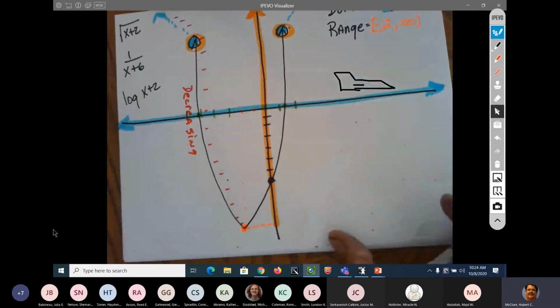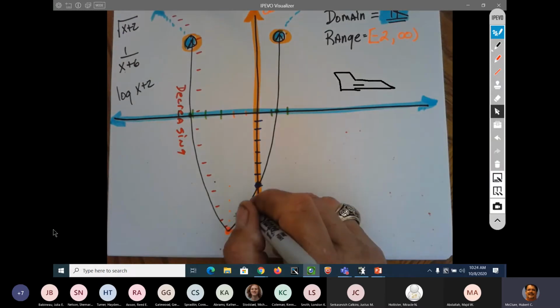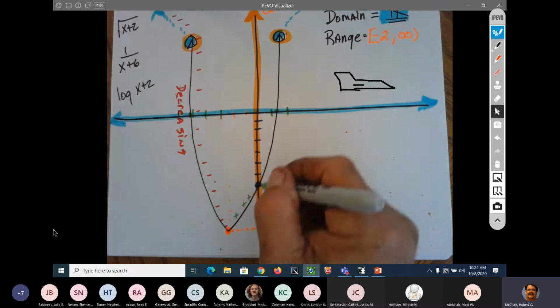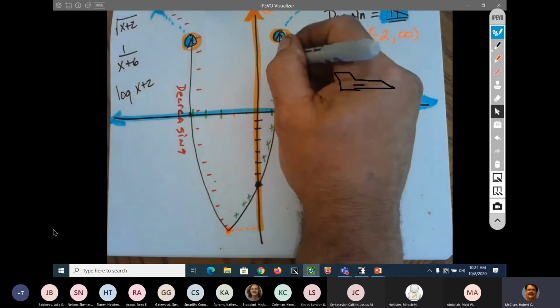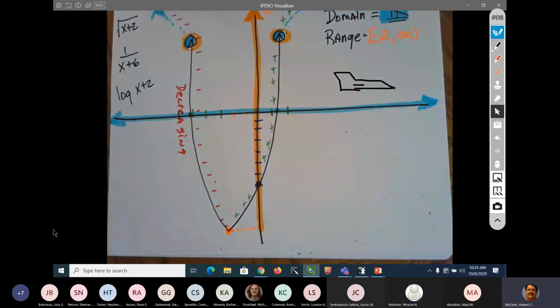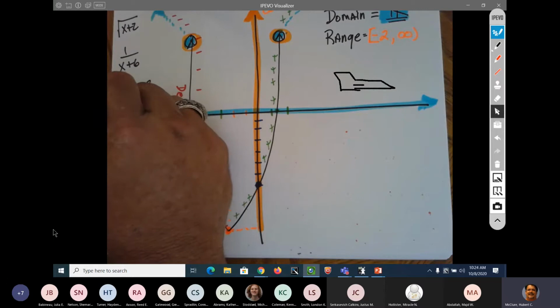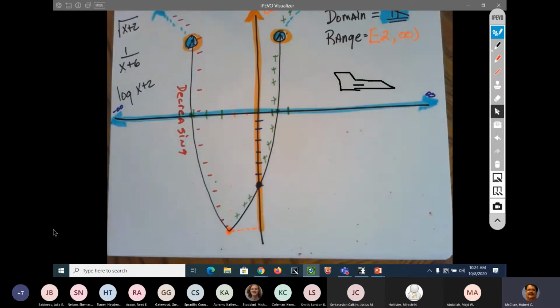Okay, remember we read from left to right. And on this side, and I'll use a dark green, what is the plane doing? It's increasing. And remember, this arrowhead down here is called negative infinity. And this arrowhead right here is called positive infinity.